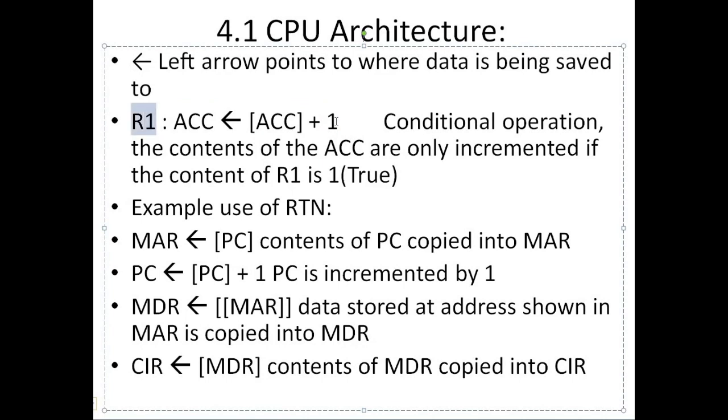If the value of R1 or register 1 is true, or it is 1, when we are talking about basic registers inside the CPU, there is no true and false over there. They can only represent ones or zeros. So if the value of R1 is 1, or if it is true, then only then do what? Increment the value of ACC by 1.